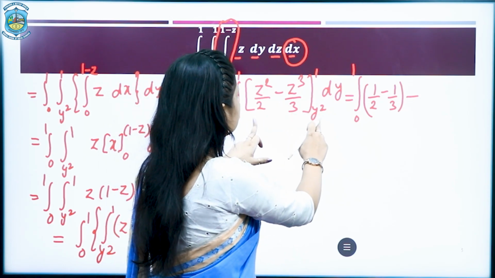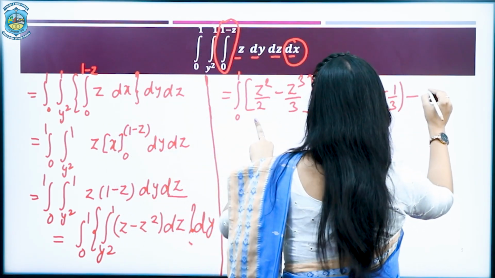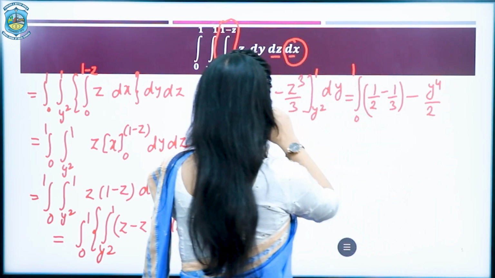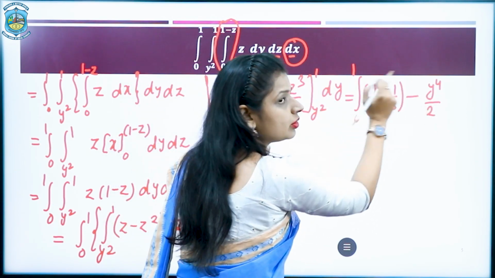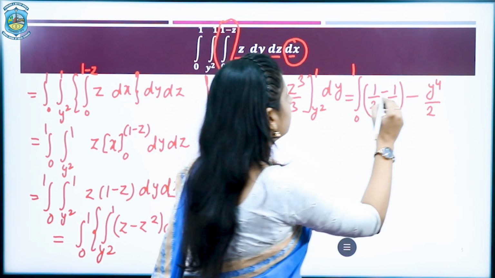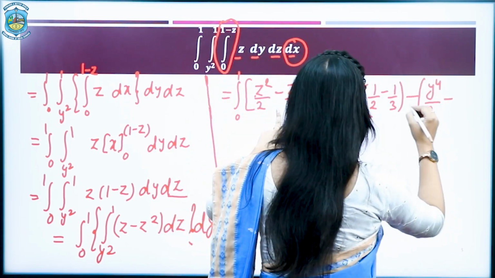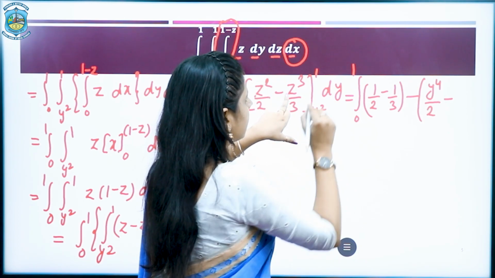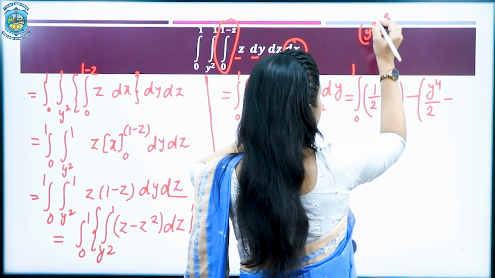So when we substitute y square in place of z, we will get y to the power 4 by 2. Here we will write y square of square, that is y to the power 4, minus, when we substitute y square in place of z, we will get the term like this, y square of cube.